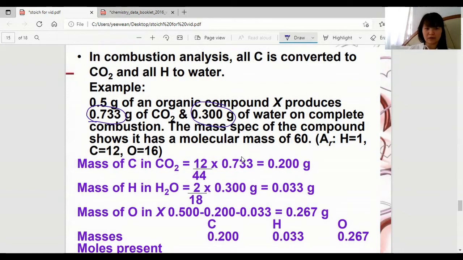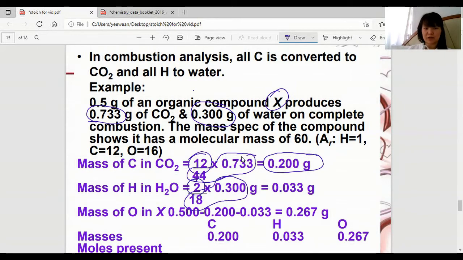Let's look at the working here. So mass over Mr, that is the mole of carbon dioxide, which is the same moles as carbon. So I just multiply by the Ar of carbon. This will be my mass of carbon inside this organic compound X. Same way, this is the mole of water. Water has 2 hydrogens in it, so multiply by 2.